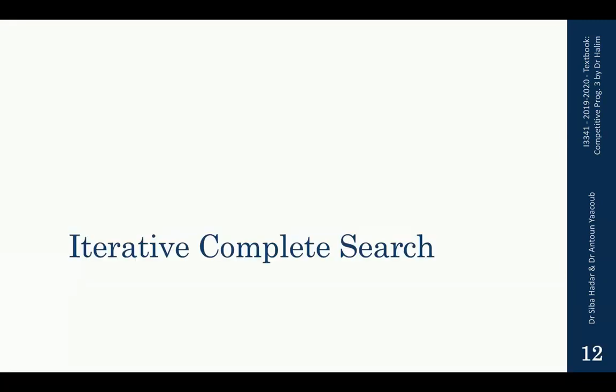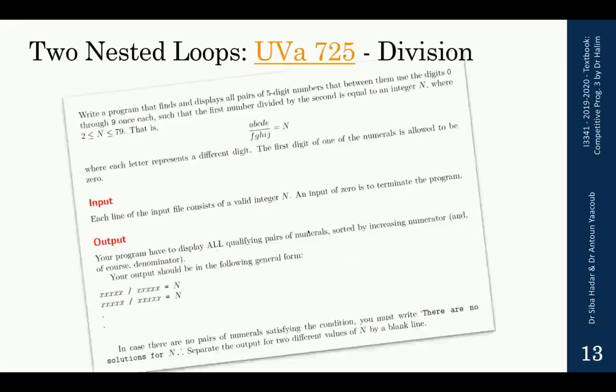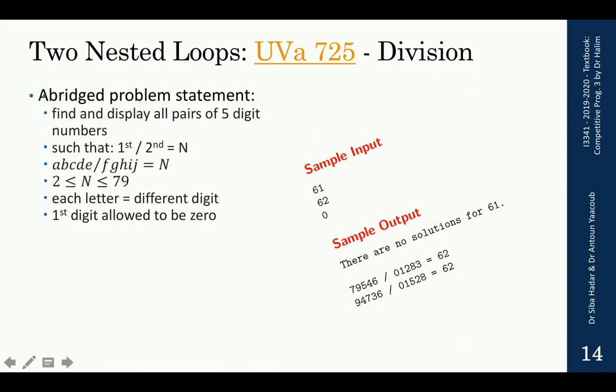We begin the iterative complete search part with two nested loops problems, like the problem UVA 725. Here I gave you the link directly to it. This UVA is entitled Division, and you can read it, or you can read this abridged problem statement, which summarizes the problem.